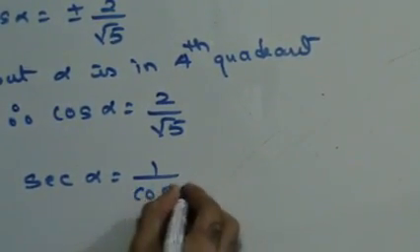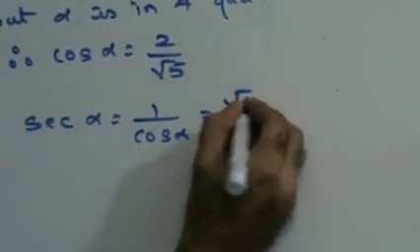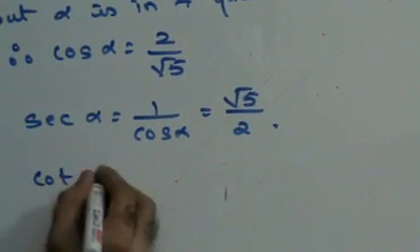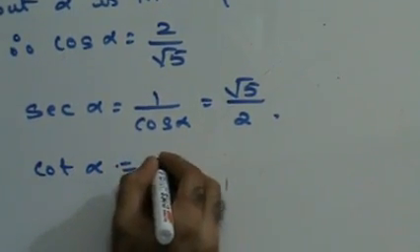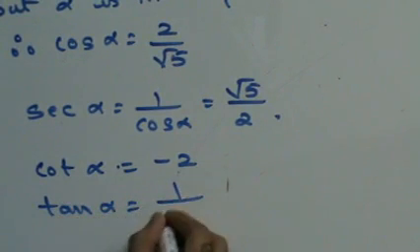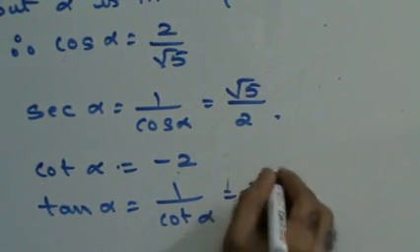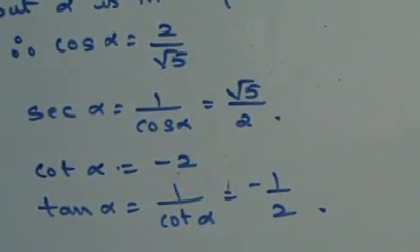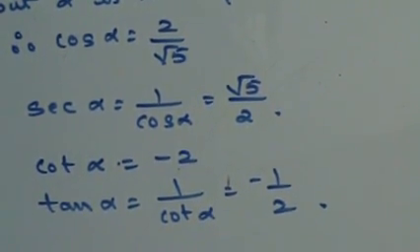Sec alpha is 1 upon cos alpha, that is going to be root 5 by 2. They had already given me the value of cot alpha as minus 2, so I can find out tan alpha. Tan alpha is 1 upon cot alpha, that's minus 1 upon 2. So thus all the trigo ratios have been found. Right? Let's see another sum, guys.